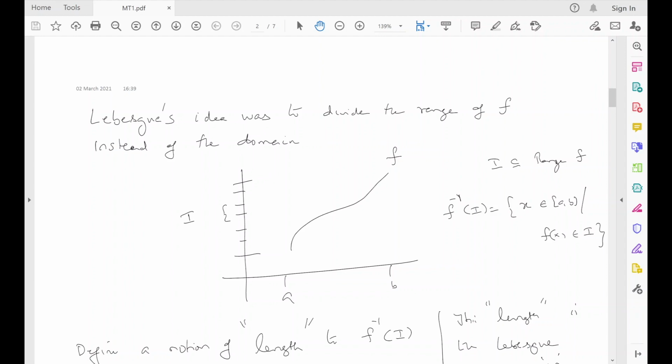Lebesgue's idea. Well, it was clear in the early or maybe late 19th century that Riemann integration was not enough to do a lot of analysis, because there were several functions which one could not integrate in the Riemann sense.